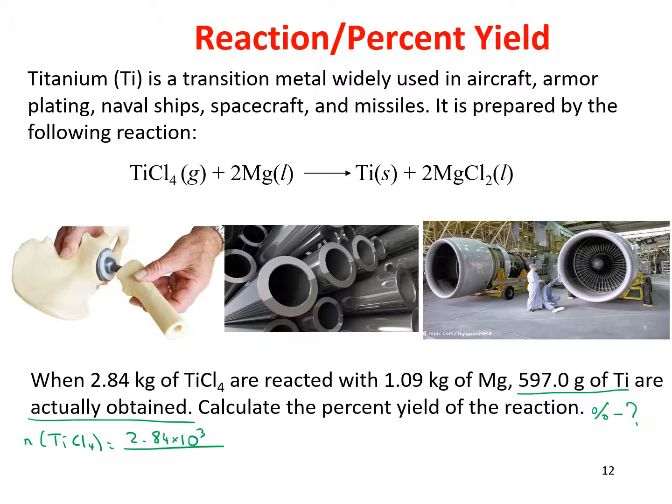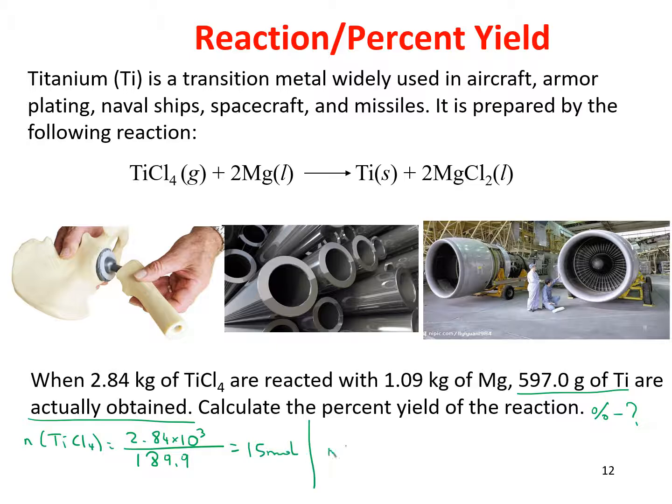And then you have 4 chlorines, so times 35.5 plus 47.9. So this should be 189.9. Okay, so let's divide by this. So I've got about 15 moles.